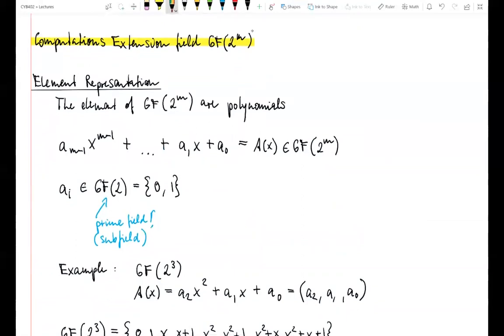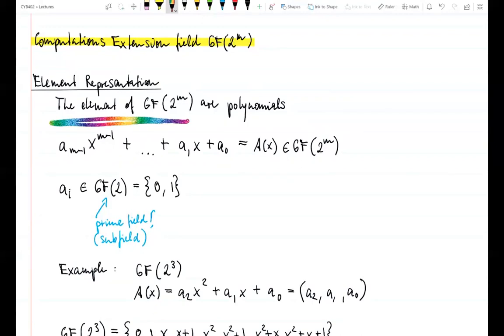And now remember, for extension fields, m is any number bigger than 1, like 8, okay? So interestingly enough, and kind of scary and surprising and weird, the elements of Galois field 2 to the m are polynomials.